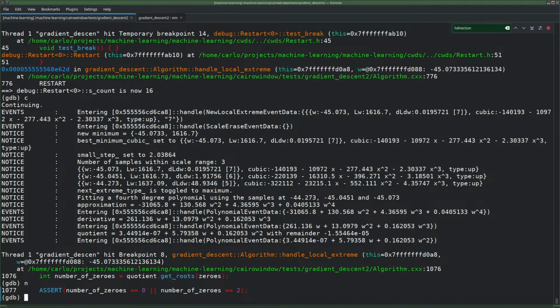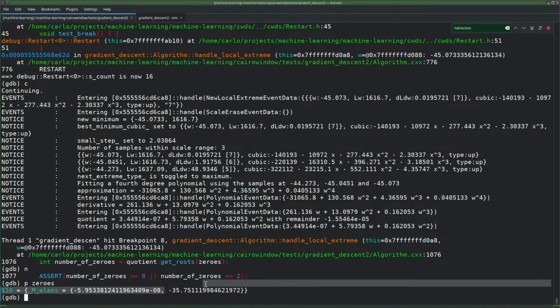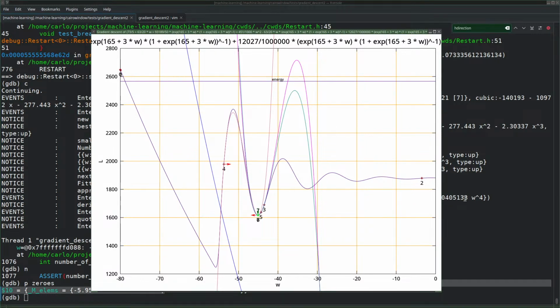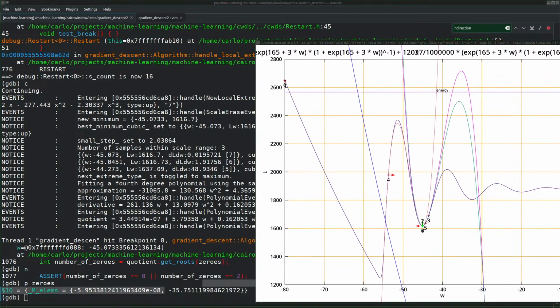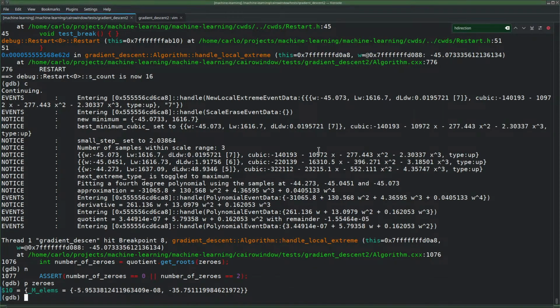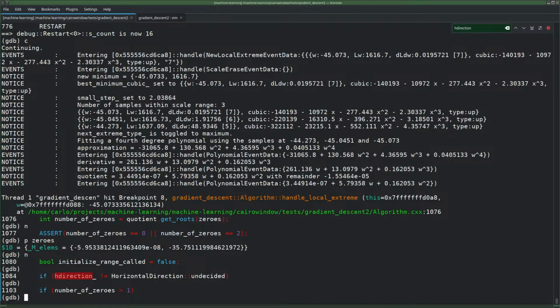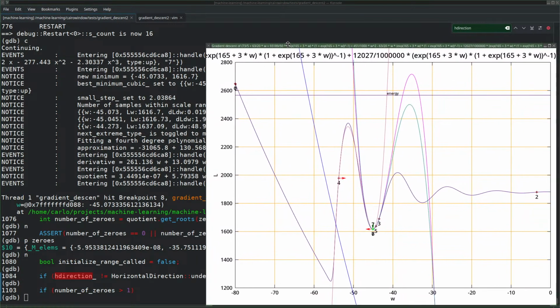So we found 2 zeros. One at 0, one is minus 35. So that's this one, and there's another one here. And both of them lie on the right of the point where we are now. So it's going to say, well, the fact that we didn't decide yet which way to go, or in other words, this is the very first local extreme that we found, means that we do not do any filtering on this range, which would have been stupid anyway.